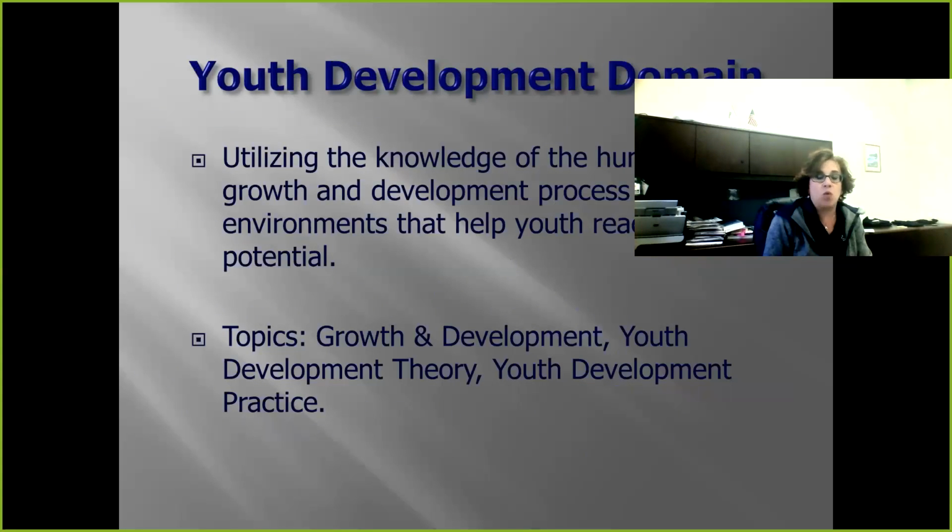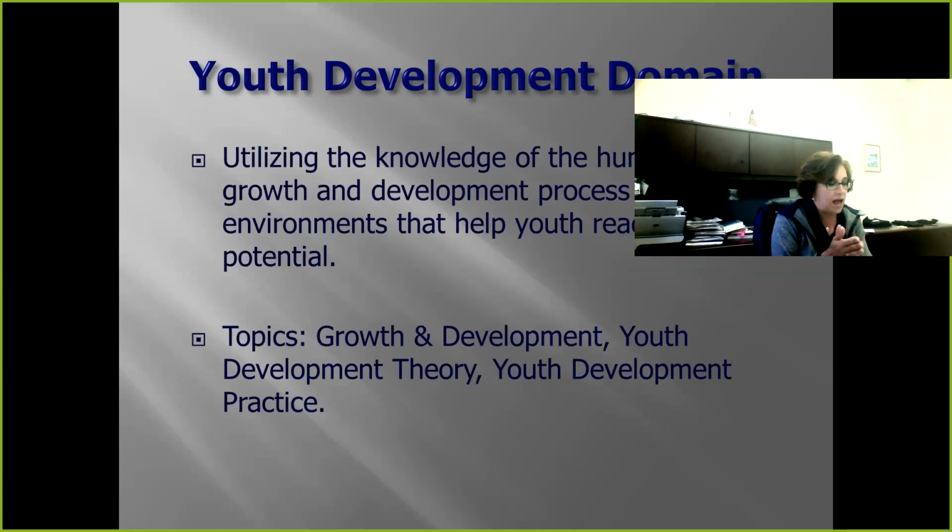If we have a well-intentioned but uninformed youth workforce, then we may have an issue with developing inappropriate activities. So developmental levels are extremely important. That means looking at what's age appropriate, both physically, mentally, cognitively, emotionally, looking at all aspects of developmental levels.